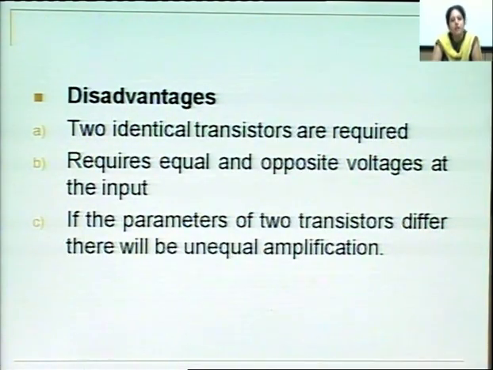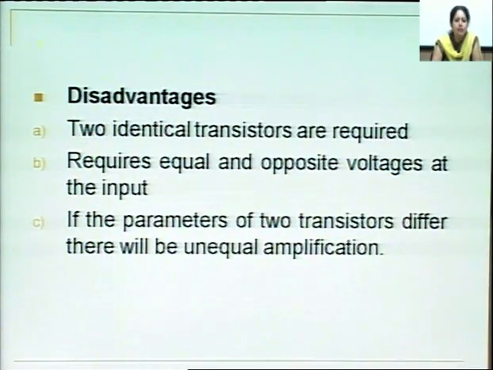So it is very difficult to have two identical transistors in the push-pull amplifier for this operation. And it requires equal and opposite voltage at the input, that is, both transistors connected at the input transformer winding need equal and opposite voltage, but practically it is not available.